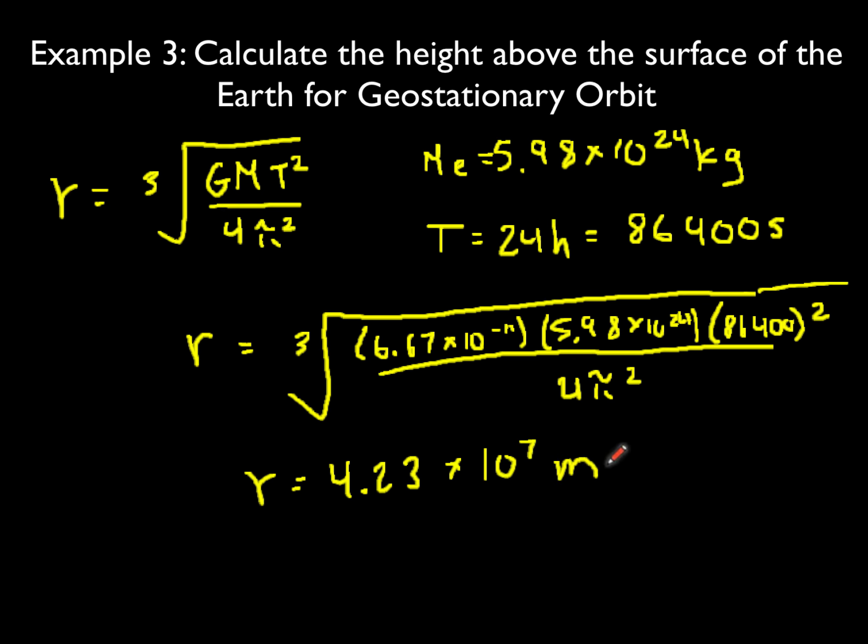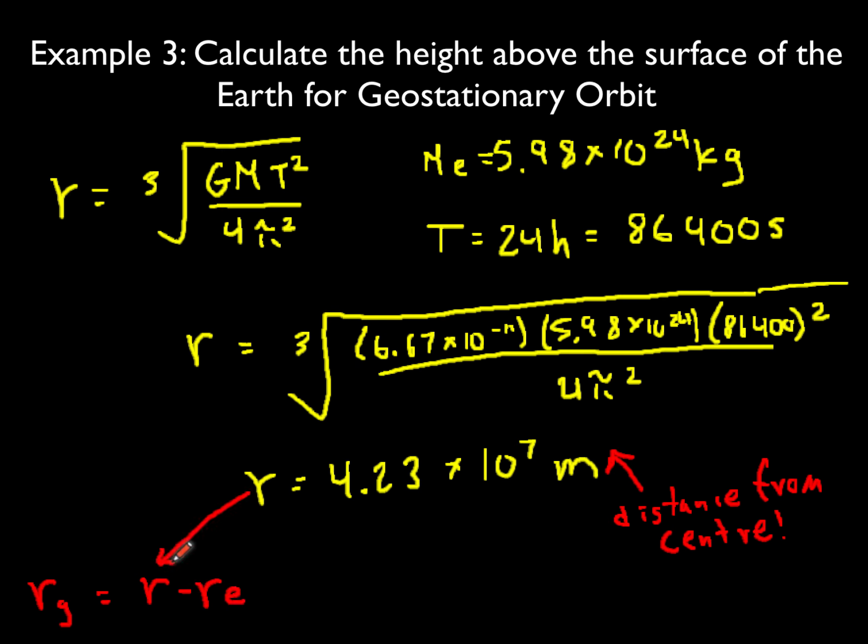But this isn't quite done, because this r value is the distance from the center of the Earth. Remember that all our formulas that involve gravity and r always talk about the center of the planet. To get the height above the surface for geostationary orbit, we're going to call this r sub g, for radius for geostationary orbit, and subtract the radius of the Earth.